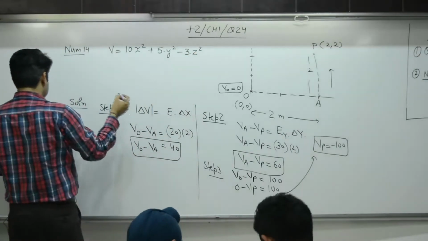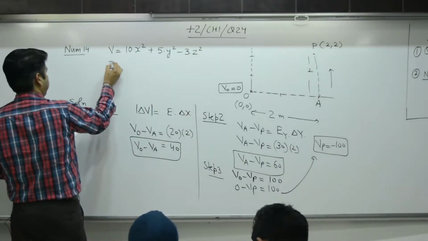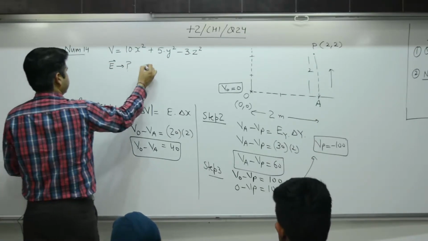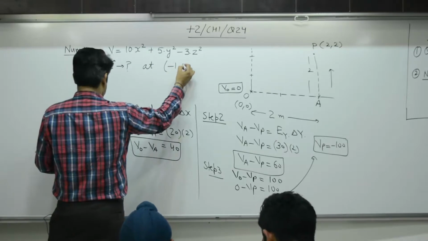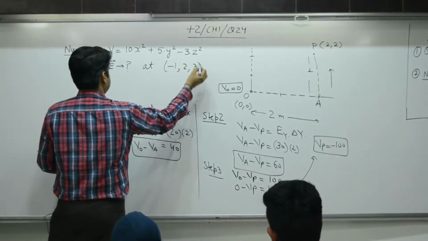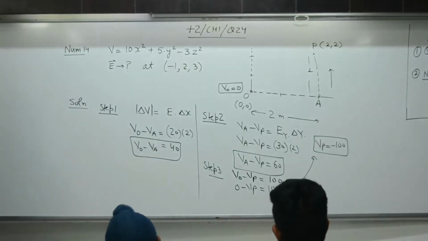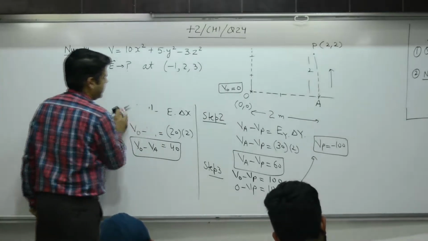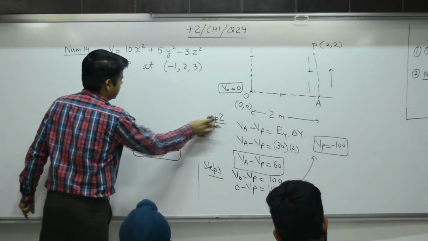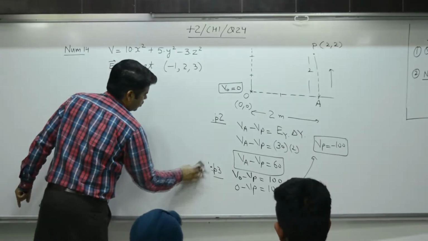What you have to find out is E at a point -1, 2, 3. What is given, what is required, refer to theory part. Potential is given. You have to find out electric field.